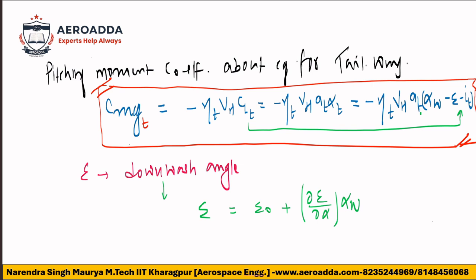So when the wing body is combined, what will be the downwash angle? That will be epsilon equal to epsilon naught plus dou epsilon by dou alpha. This is one empirical value, tested in the wind tunnel. This is the wind tunnel experiment data basically. So epsilon is the contribution of epsilon naught and dou epsilon by dou alpha.